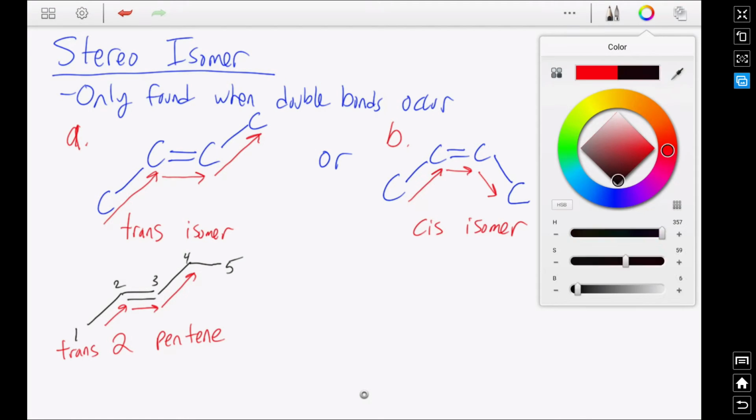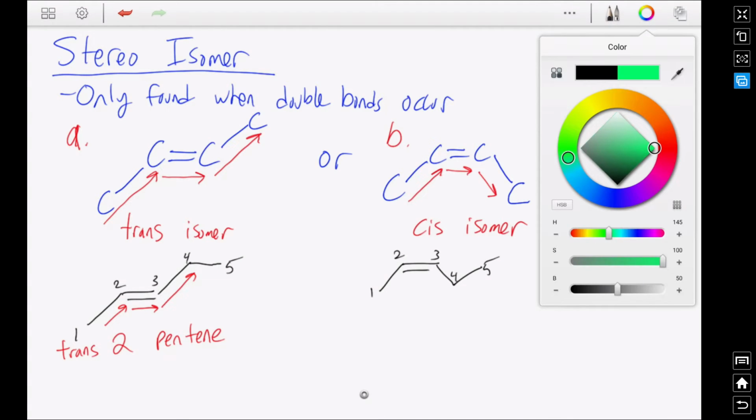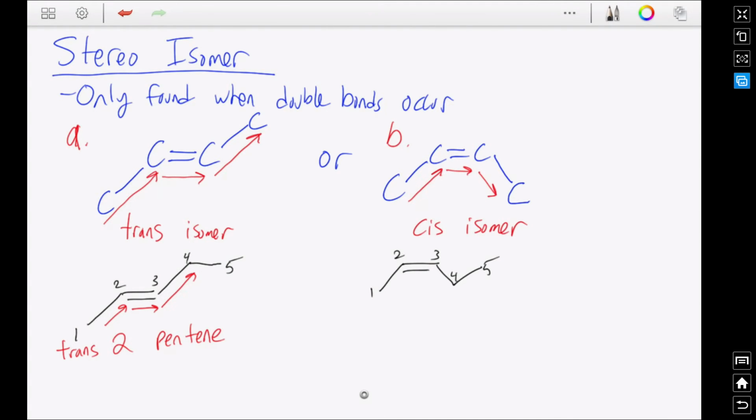On the flip side, if it exhibits this behavior, we'll draw the same pentene, but slightly different, like that. Okay, 1, 2, 3, 4, 5. This particular pentene would still be a 2-pentene, because we have a double bond occurring at carbon 2, but we would call this a cis 2-pentene, because it's exhibiting the cis behavior, where it goes into the double bond and comes out pointing in the same direction.